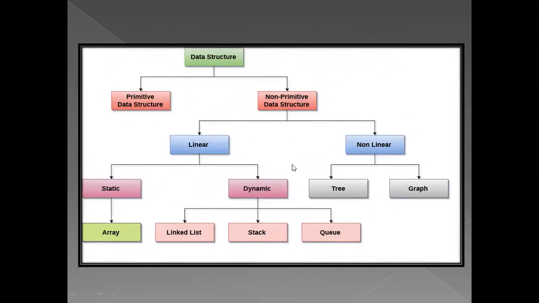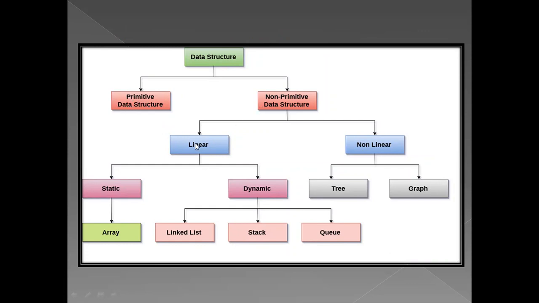So this is a full diagram of the data structure. Listen very carefully. Data structures are of two types, primitive and non-primitive. Primitive is what is made from the basic data types like integer, float, character, string. So, the basic ones.